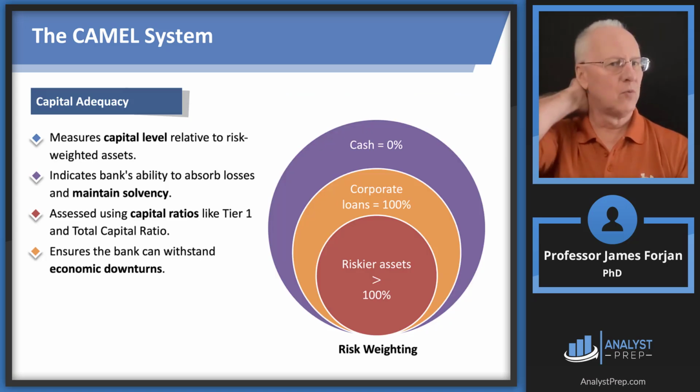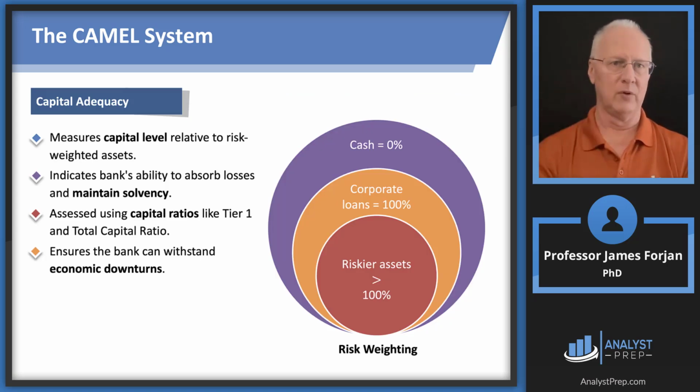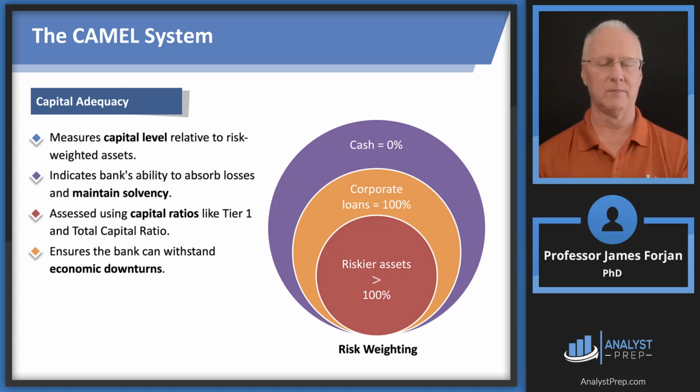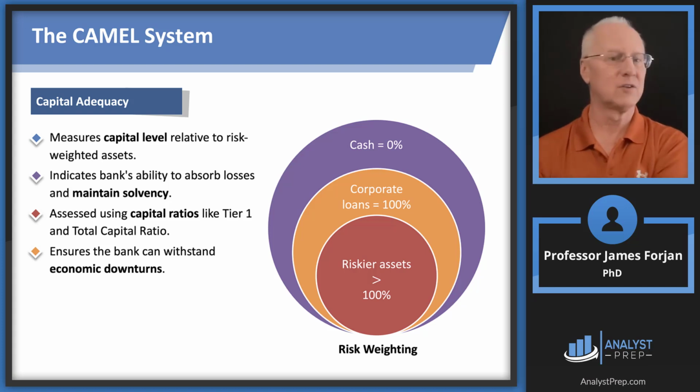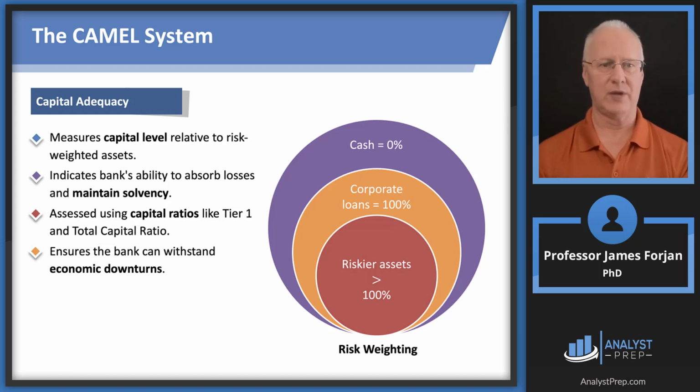So let's go over each one of these variables inside of the CAMEL system to try to get a sense of what the CAMEL system does for us and how it's going to relate to this evolution that is mentioned in that first chapter or 2. So the first one is capital adequacy. This has everything to do with the financial institution's ability to maintain solvency.